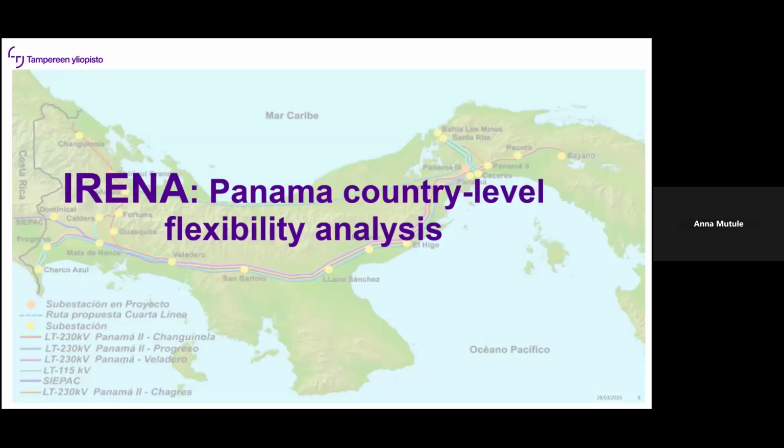In addition to the European analysis carried out in TradeRES, similar flexibility studies were conducted at the country level. Also, as I said, VTT took a very active role in this feasibility study.